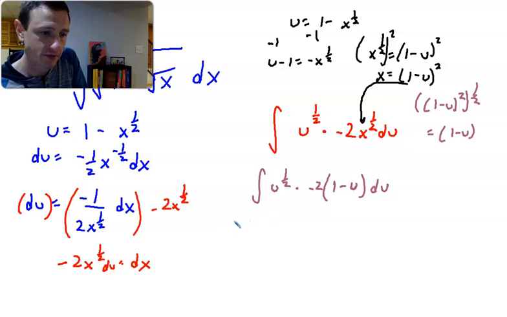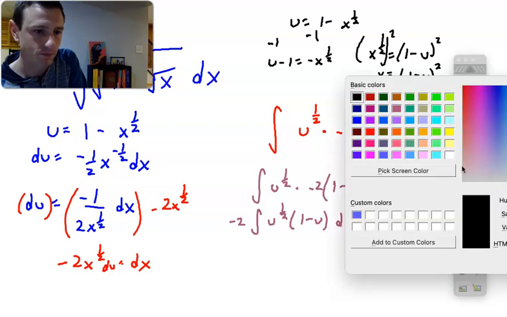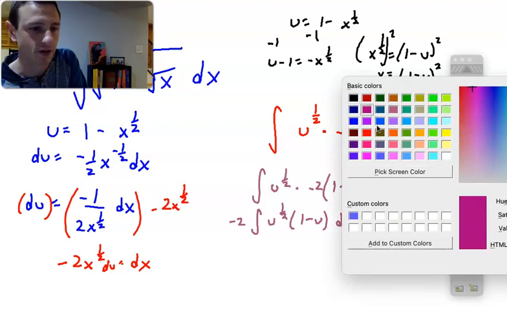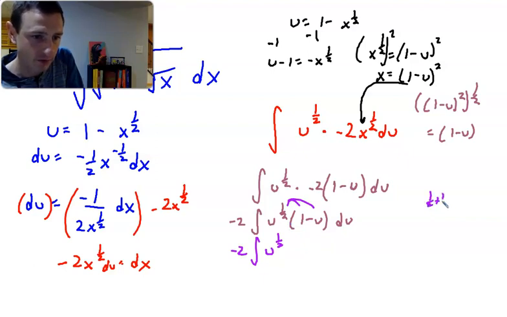I'm going to take out that negative 2 and rewrite this as u to the 1/2 times 1 minus u du. Now we start to condense a little bit and it starts to come together. So I'm going to multiply that. Negative 2 integral u to the 1/2 times 1 is u to the 1/2, and u to the 1/2 times u to the first is 1/2 plus 1, so 3/2. So minus u to the 3/2 du.